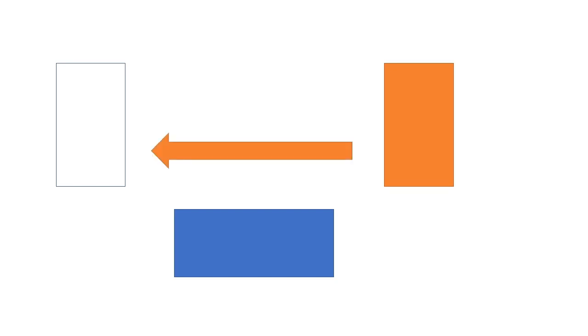In the second step, we will put the orange color, which is present in the right hand side block, into the left hand side block. So it will look like this. Now, in the next step, we will move the blue color, which is currently in the temporary shape, into the right hand side block.